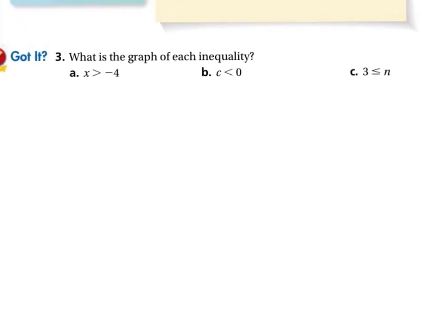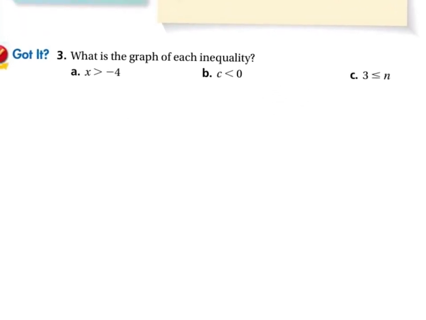So let's look at the got it problems. We're going to do these graphing them on the number line as well as interval notation. So part A, x is greater than -4. When you do these, at least show me where 0 is and where the number is in comparison to it. It wouldn't take too much to go by ones over there to -4, but greater than -4, greater than doesn't include it, so we put an open circle, and then greater than that would be going to the right.